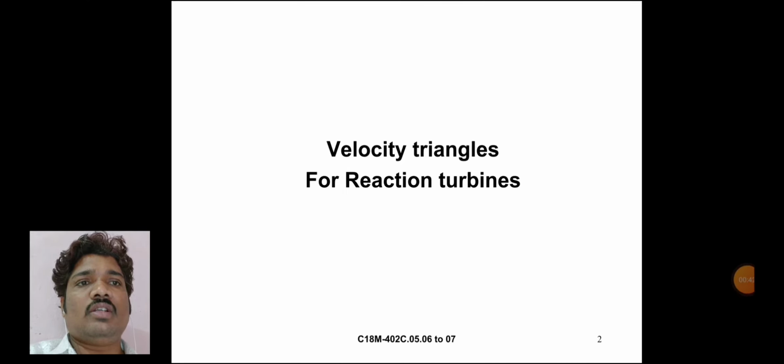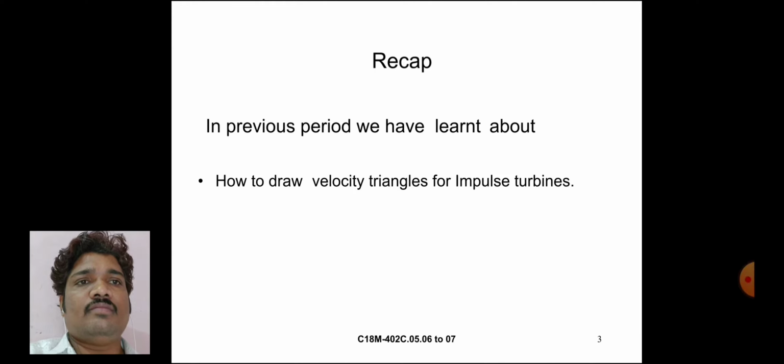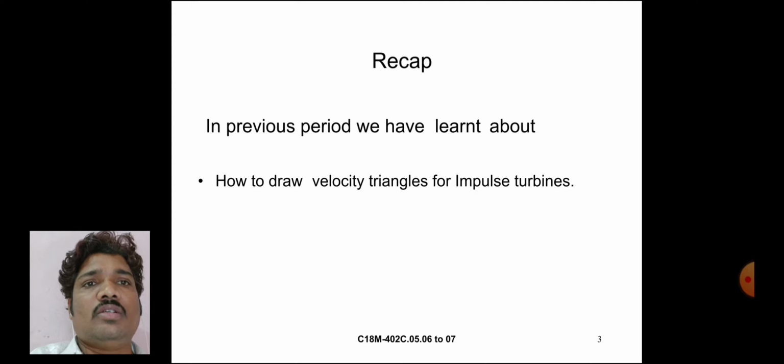Velocity triangle for reaction turbine. In the previous period, we learned how to draw velocity triangles for impulse turbines.